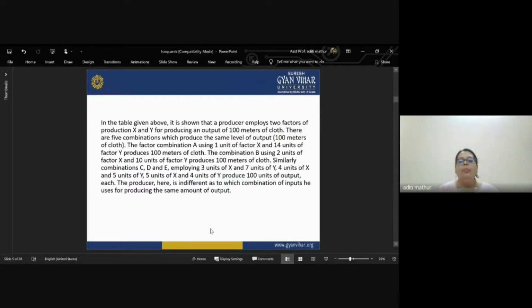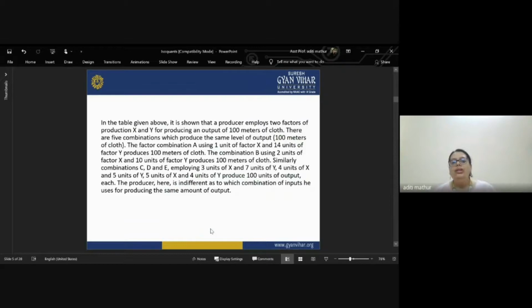There are 5 combinations which produce the same level of output, that is 100 meters of cloth. The factor combination A uses 1 unit of factor X and 14 units of factor Y to produce 100 meters of cloth. The combination B uses 2:10.